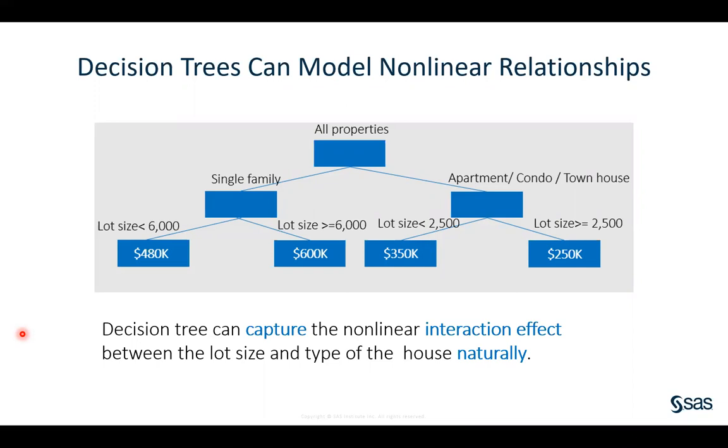However, this is not true for smaller houses like apartments, condos, and townhouses. This can be related to locations, such as probably smaller apartments and townhouses might mostly be located in urban areas. In a linear model, to take into account this type of nonlinearity, you need to explicitly add an interaction term for lot size and house type to your model. On the other hand, a decision tree can capture this naturally.